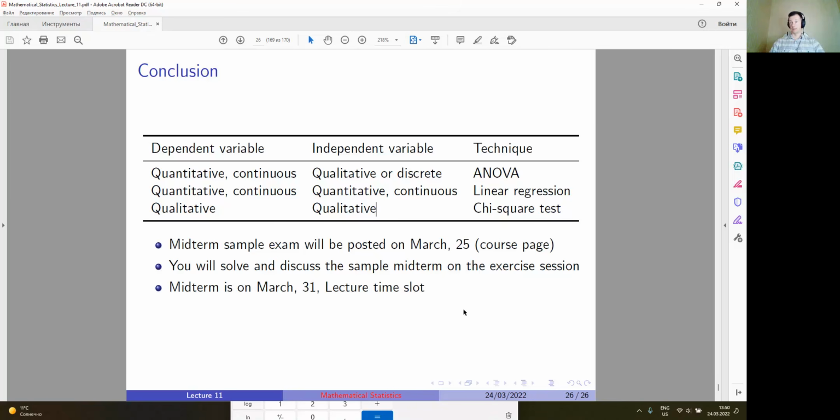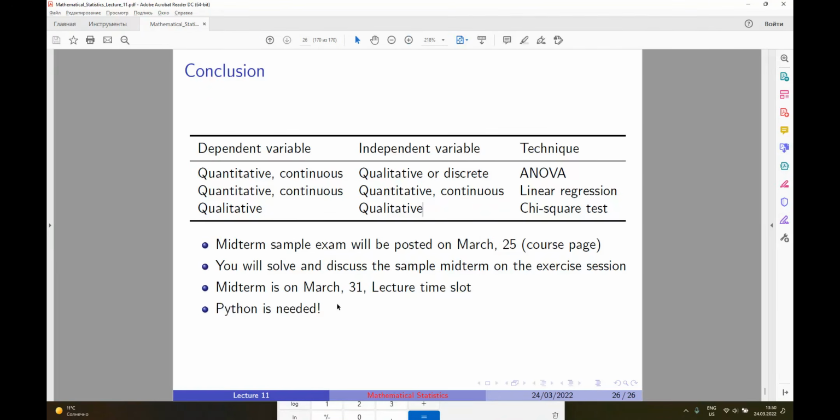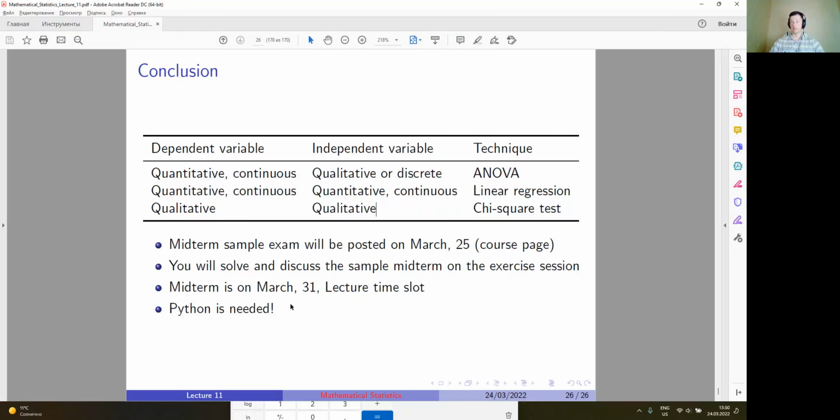Then in next Thursday's lecture time slot, you will have a midterm. As I said, the midterm is going to be similar to the sample. In any case, for the midterm, you need to know Python, at least those tasks that we have covered during our tutorials and on the exercise sessions.